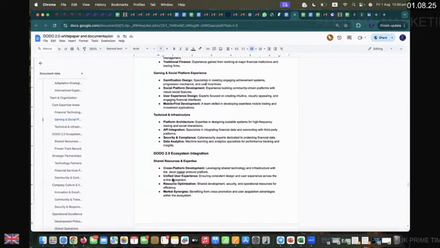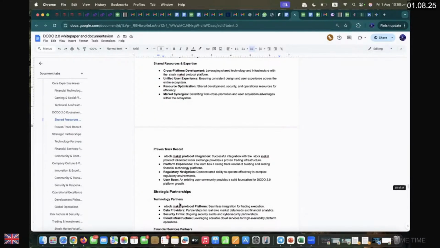You will have a unified user experience dashboard in which combination of your both portfolios will show, and your growth and PNL will be displayed in both stock market as well as in the crypto index trading ecosystem. Resource optimization, shared development, security, and operational resources for efficiency. Market synergies, benefiting from cross promotion and user acquisition advantages within the system.